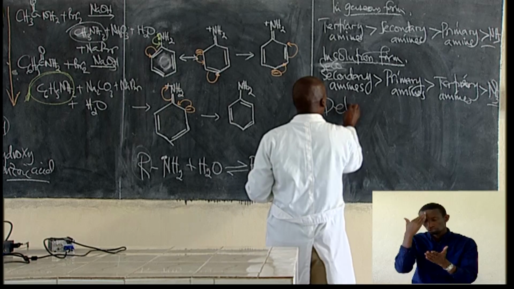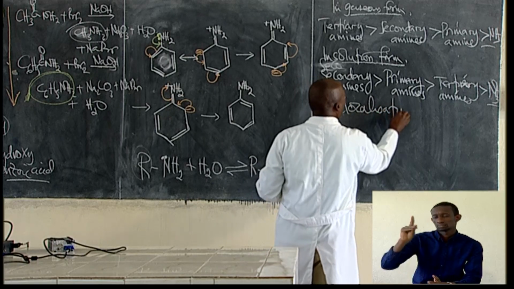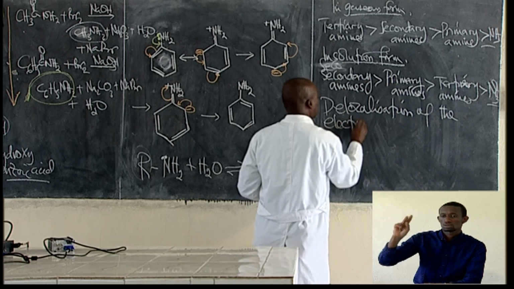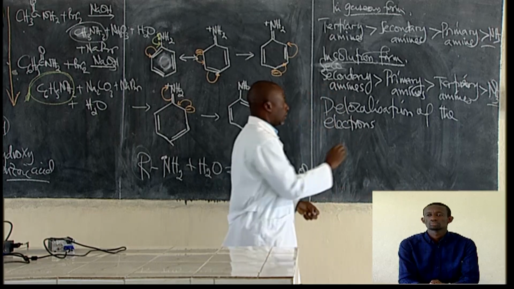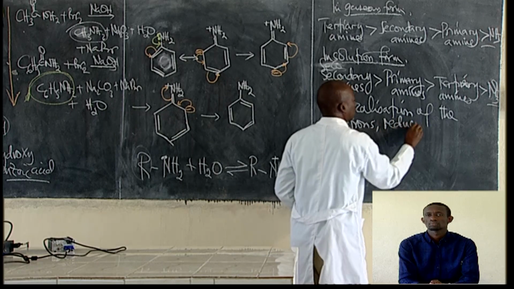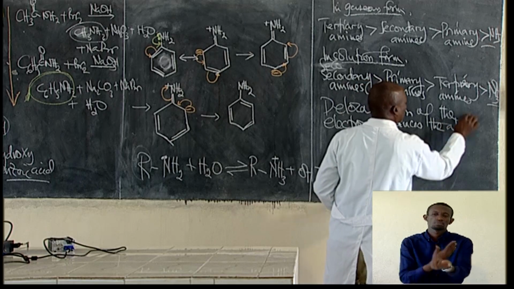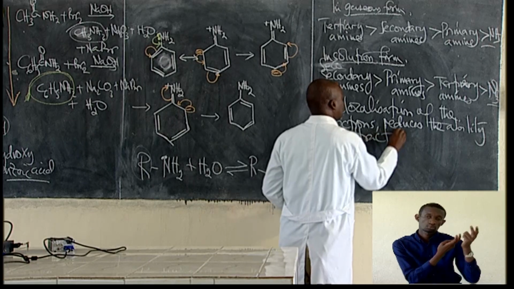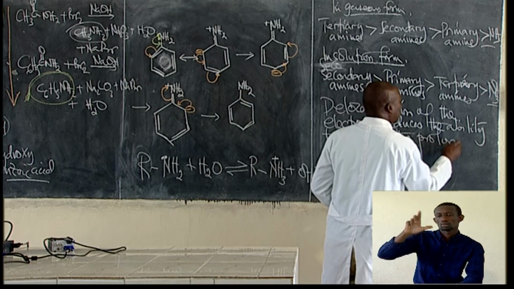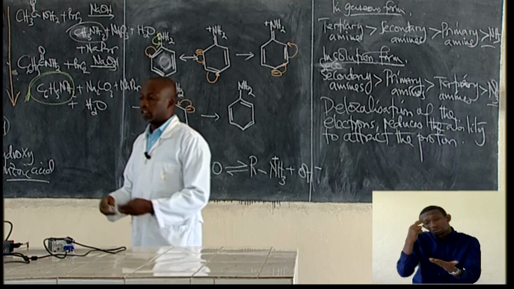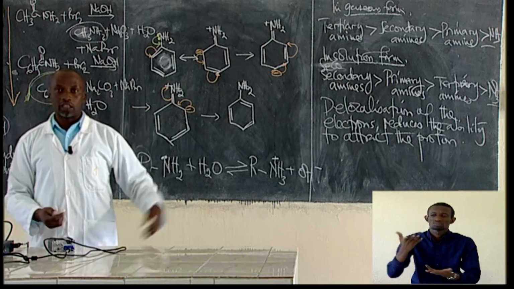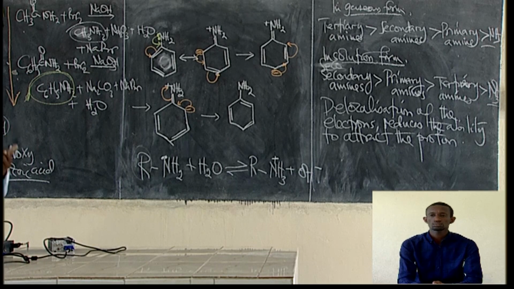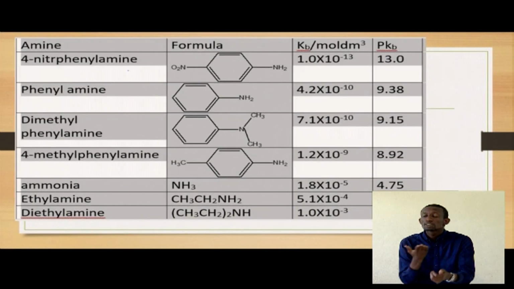Because of the delocalization of the electrons, which reduces the ability to attract the proton. That's why phenylamine is a weaker base compared to ammonia. However, the strength of the phenylamine will also depend on the substituents.